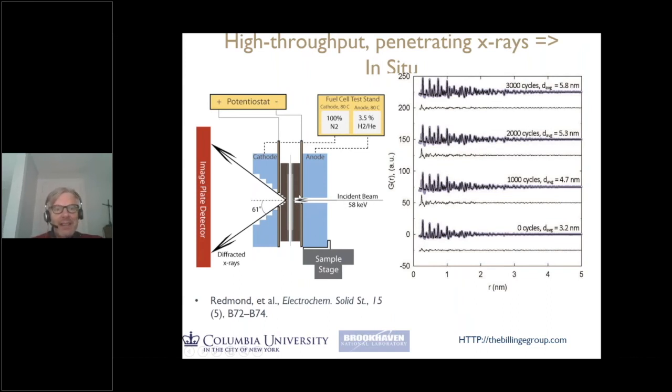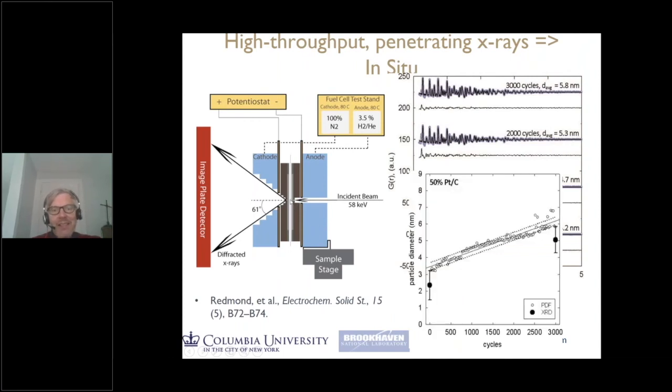We were cycling this PEM fuel cell and looking at the coarsening of the platinum nanoparticles. But the point is that you can do these experiments very rapidly, and you can do them as a function of time in principle. That translates over to the electron diffraction context if you have some kind of environmental cell or you want to do temperature dependence or something like that.